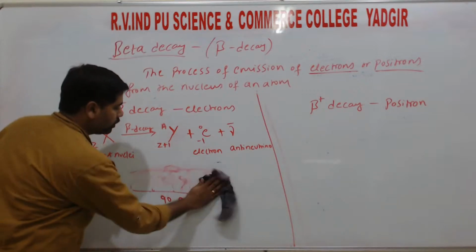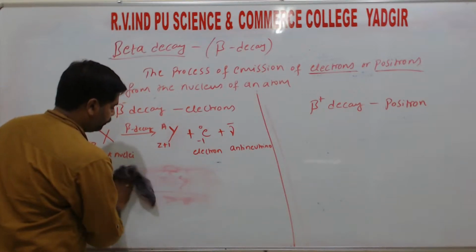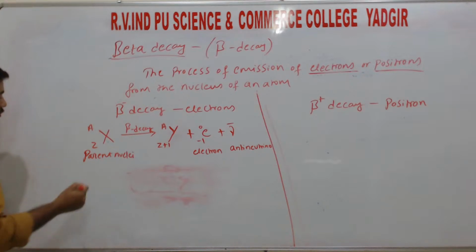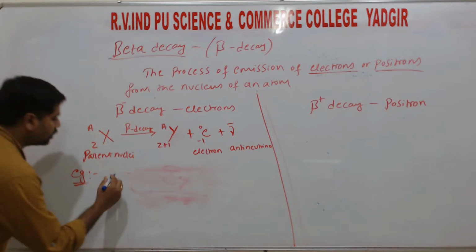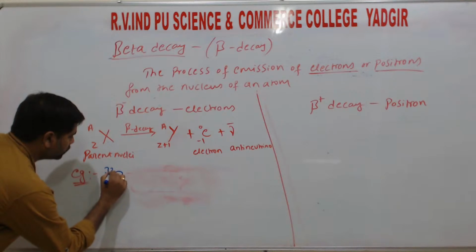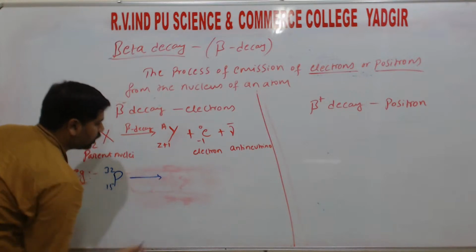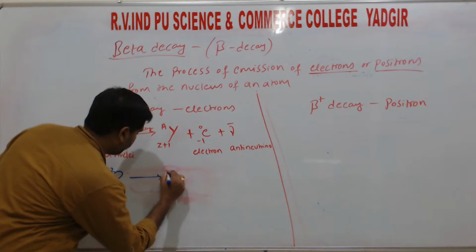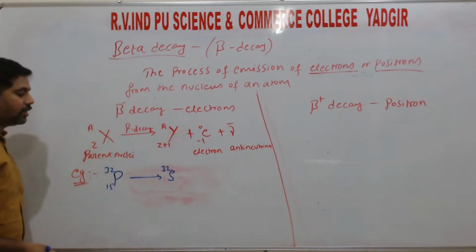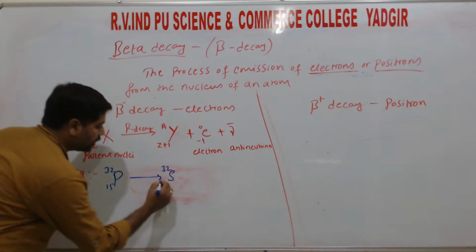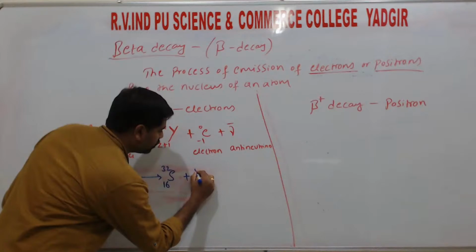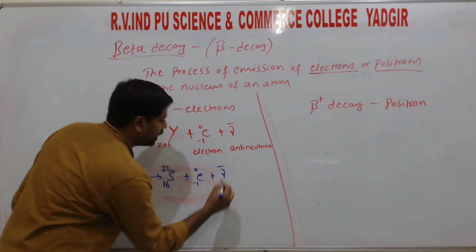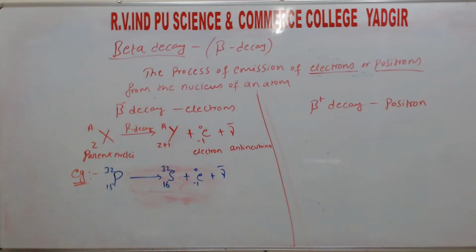Now we will take a few examples for the beta decay. For that we have phosphorus 32, 15. When it undergoes beta decay, we get sulfur, where the mass number remains the same at 32, and its atomic number increases by 1 and becomes 16, plus the emission of the electron along with the anti-neutrino, right?